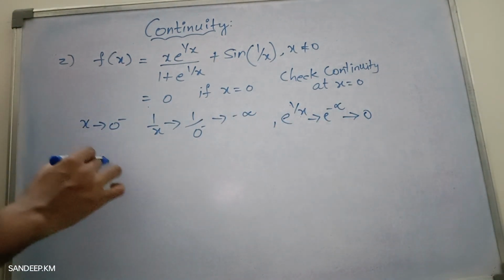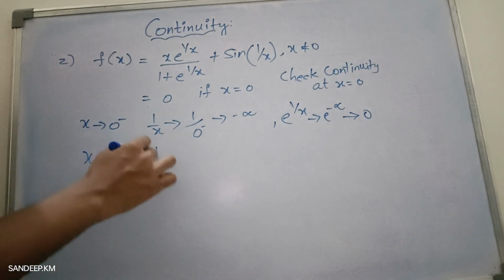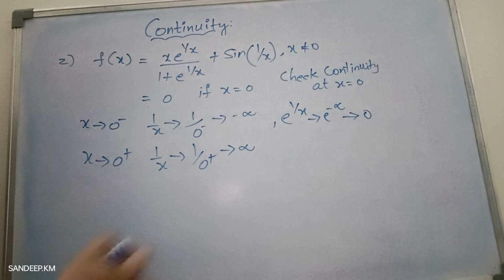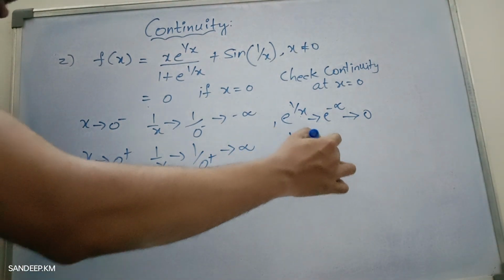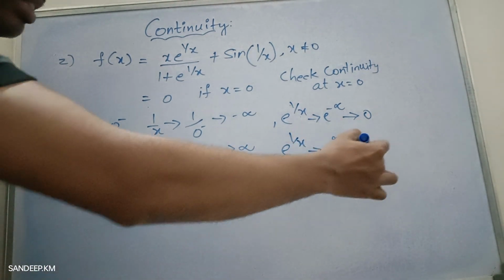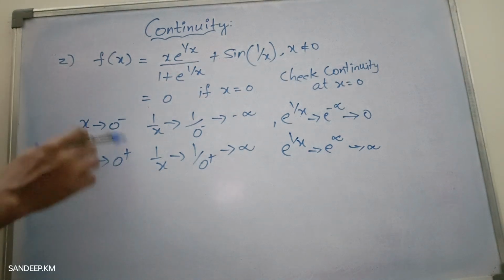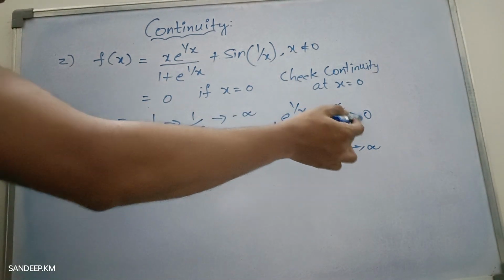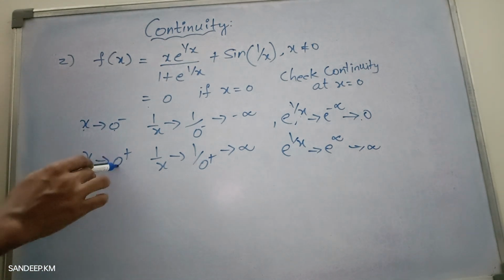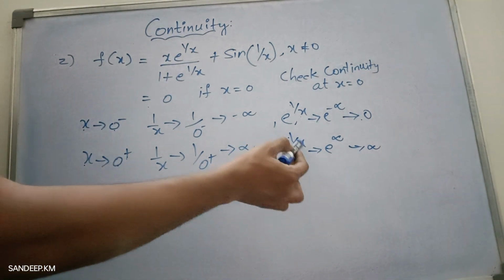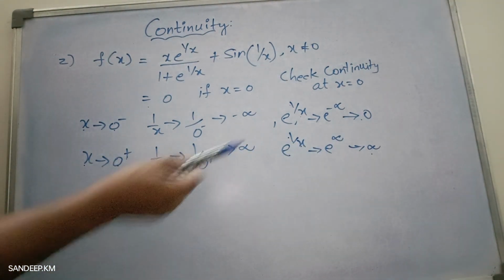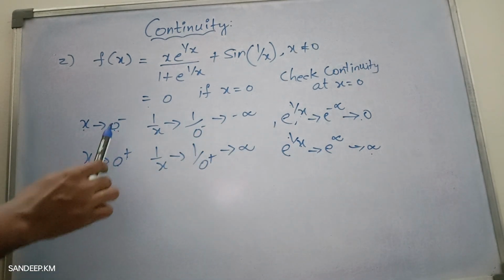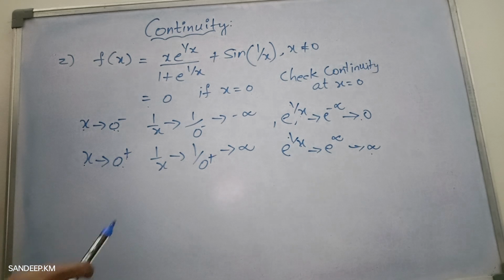But if x is approaching 0 plus, then 1 by x is taking 1 by 0 plus form, which means plus infinity. Then e power 1 by x will be taking e power infinity form, which is infinity. Two different possibilities, correct or not? When x is approaching 0 from the left side, e power 1 by x is becoming 0, and when x is approaching 0 from the right side, e power 1 by x is approaching infinity. E power 1 by x is behaving differently from the left side and from the right side.